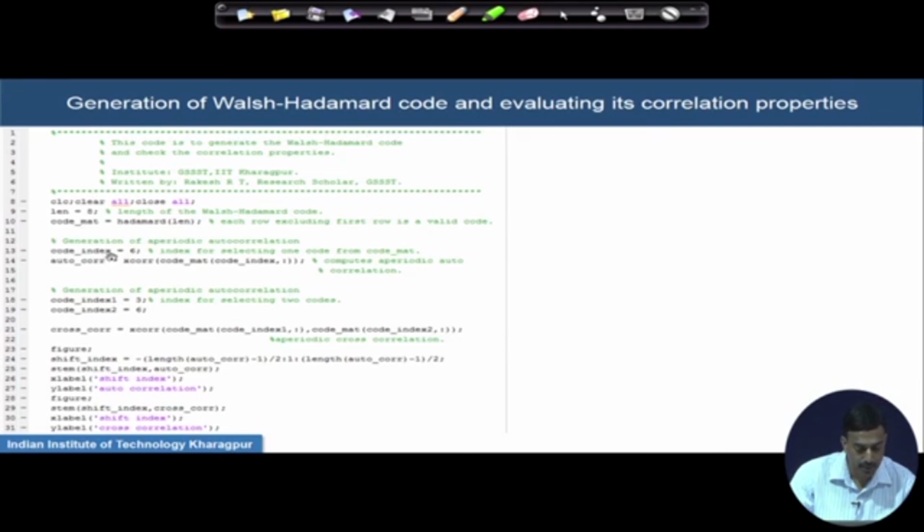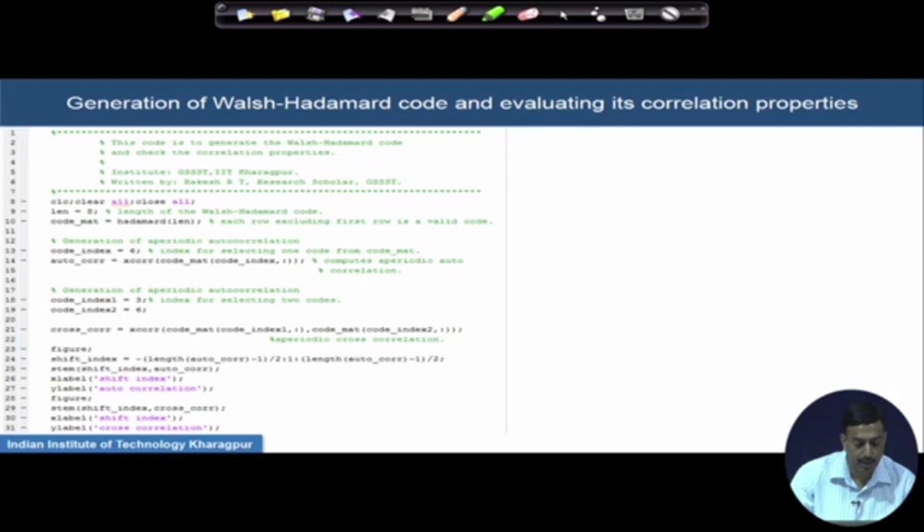So we assign a value, which is basically an integer, to a variable which we call code index. We can assign a specific value to this variable, and we are going to make use of this in order to select a certain row from this Hadamard matrix.